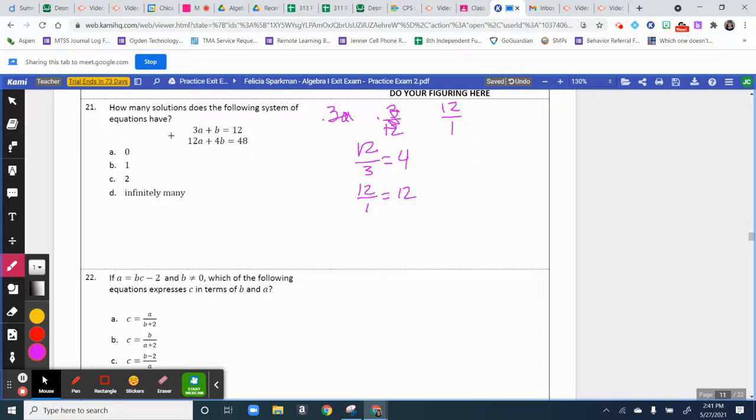And then I did the same thing for the other one, which is 48 divided by 12 equals 4, and 48 divided by 4 equals 12. And that means that the x and y intercepts both match, which means that it's the same line, which would mean that they cross infinitely many times.